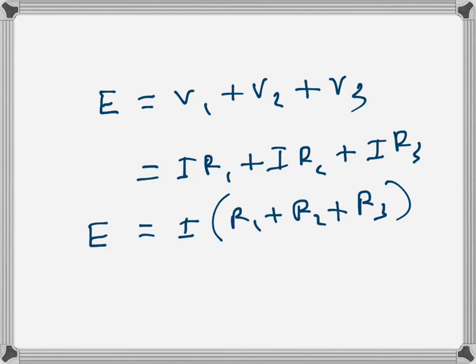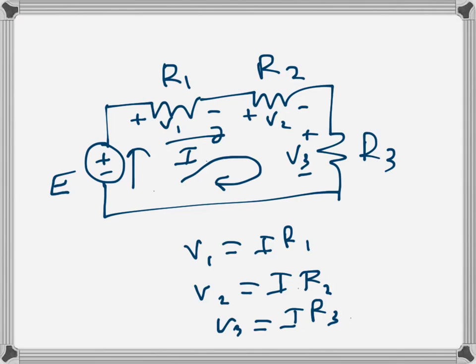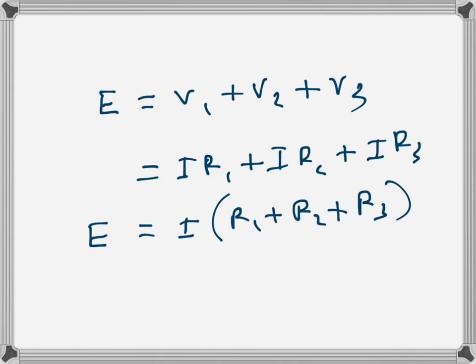So that's E. Now what we can see here is that the combination of these three resistances, because they are connected in series, comes as a sum. So this is RS. When two or more resistances are connected in series, the equivalent value RS is the sum of the resistances.